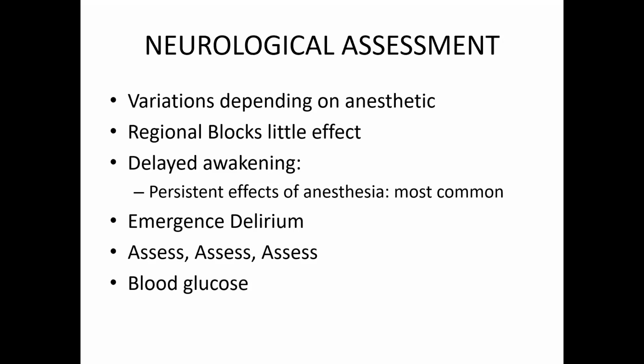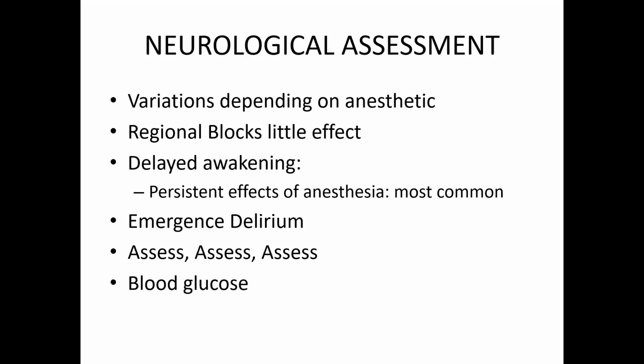Blood glucose is important to make sure that the patient is not hypoglycemic, especially if preoperatively you assessed and you had conditions like DM, which can predispose him to hypoglycemia. This is also a big issue in children.